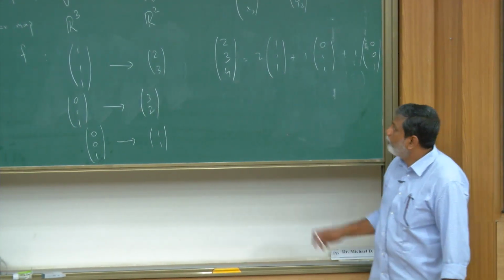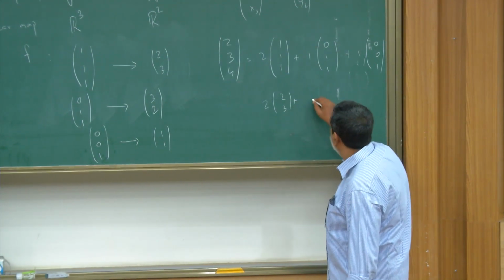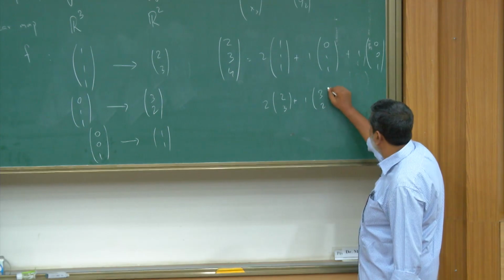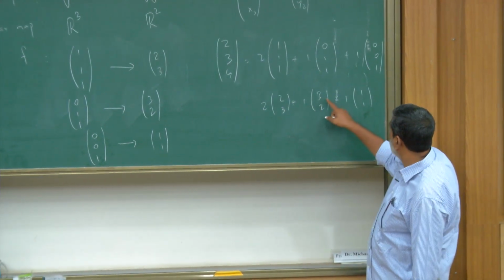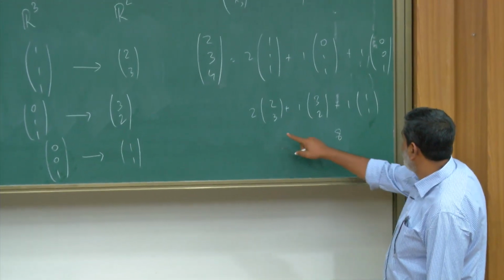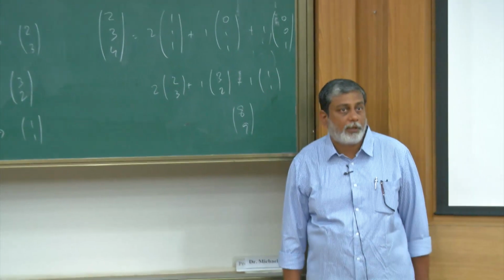Which means (2, 3, 4) would go to 2 times 2, 3 plus 1 times 3, 2 plus 1 times 1, 1. That's 4 and 3, 7 and 8 and 6, 7, 8, 9. That's where it goes to.